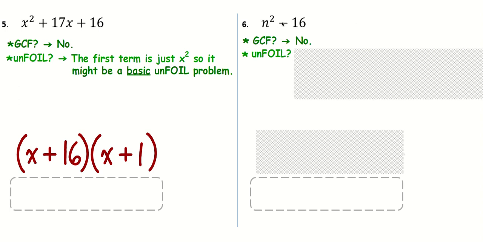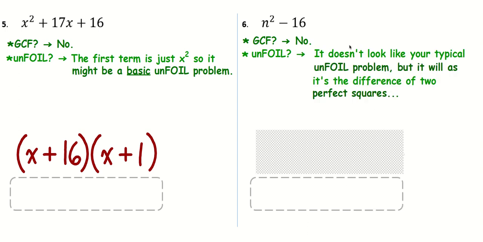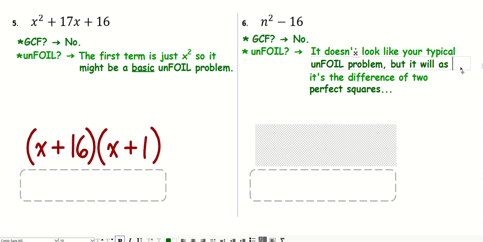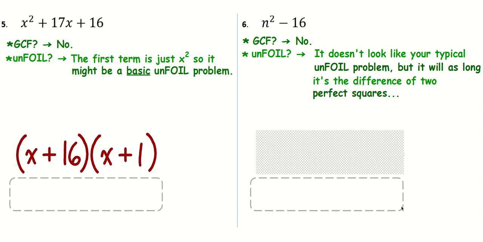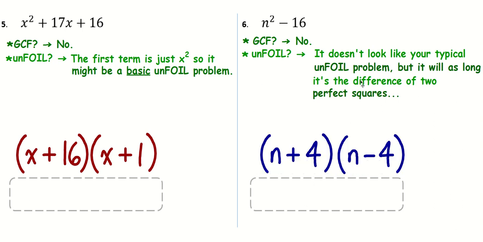Notice how there's literally only two terms. It doesn't look like your typical unfoil problem, but it will as long as, are you kidding me? I have to correct this in real time here. That's embarrassing. But it will unfoil as long as it's the difference of two perfect squares, which it is.